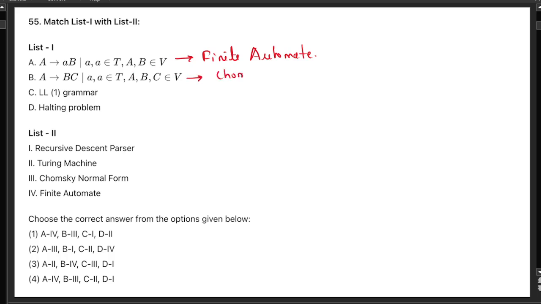After that, B matches with Chomsky normal form. Option C matches with our Turing machine. Here we made a mistake. The halting problem is also a Turing machine.